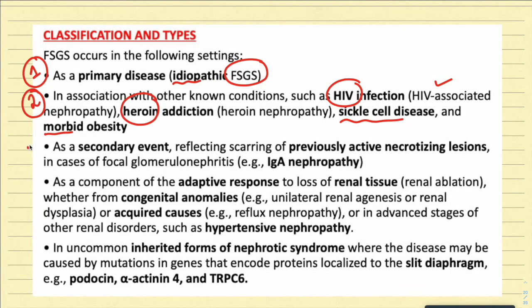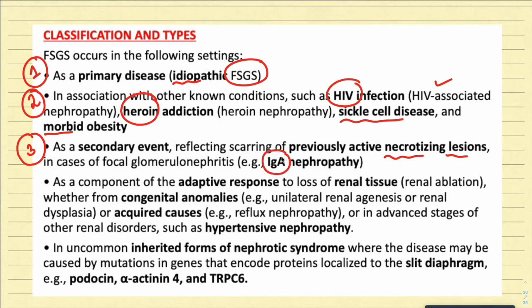Or it can occur as a secondary event reflecting scarring of previously active necrotizing lesions, as in case of focal glomerulonephritis, example IgA nephropathy.